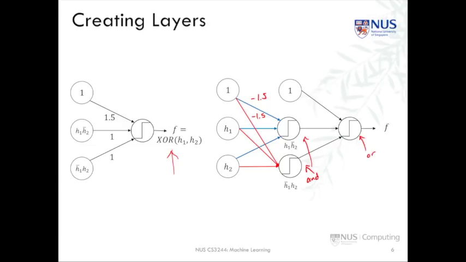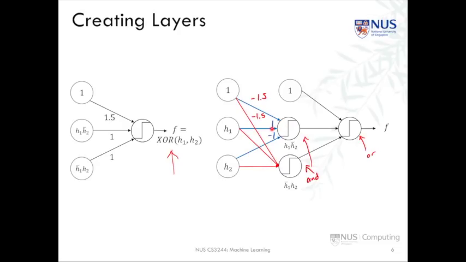So let's see. For the blue edges going into the first node, what are we going to put as our weights? We're going to say H1 should be on and H2 should be off. So we're going to put them as 1 and negative 1, right? So you can see what this is doing. This is going to fire and aggregate both of them as an AND.